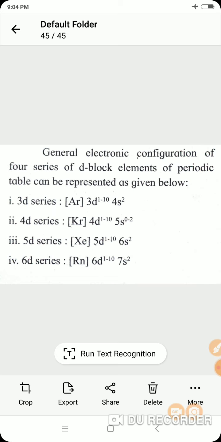Then the 4d series: [Kr], Kr being the symbol for krypton, 4d1 to 10, 5s0 to 2. Then the 5d series: [Xe], Xe being the symbol for xenon, 5d1 to 10, 6s2. Then the 6d series: [Rn], Rn being the symbol for radon, 6d1 to 10, 7s2. So this is the general electronic configuration of the 3d, 4d, 5d and 6d series elements.